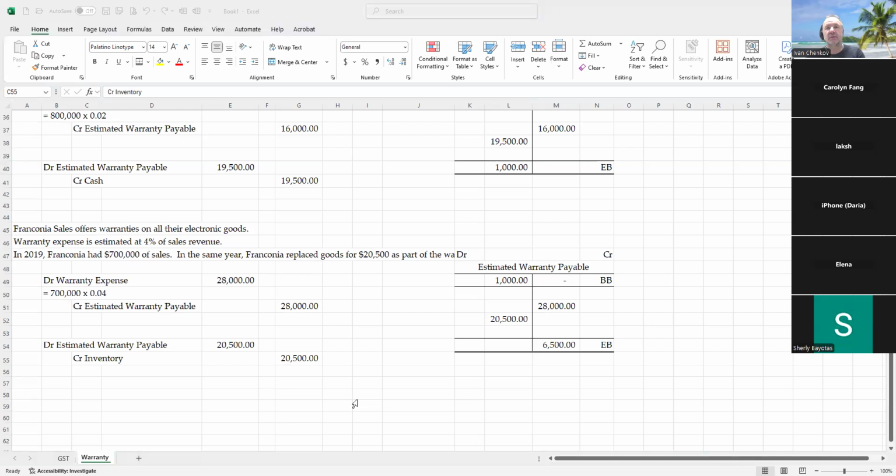So GST, warranty, what else? Payroll. Yes, payroll. Payroll will be the tricky part. I'm looking for the series of questions here that we can find, which will be the key. For now, ignore the percentages.